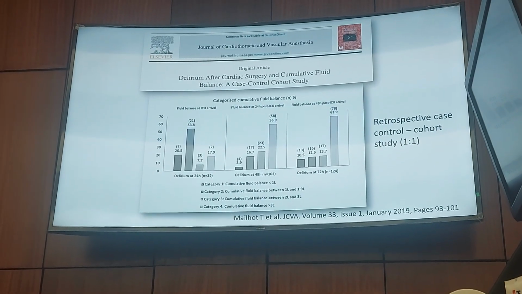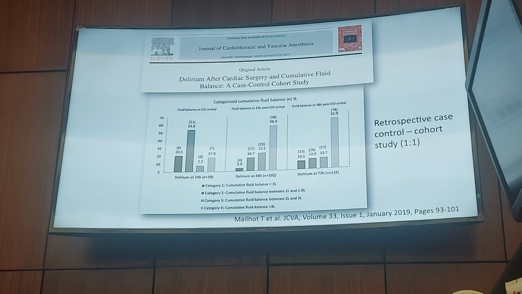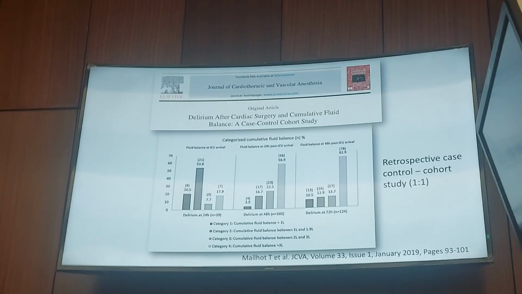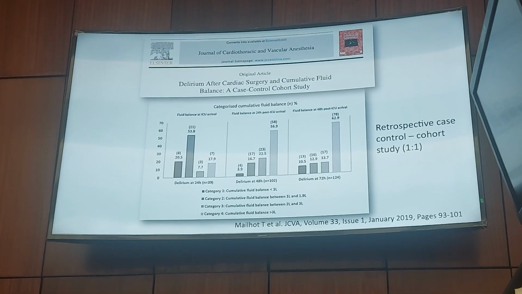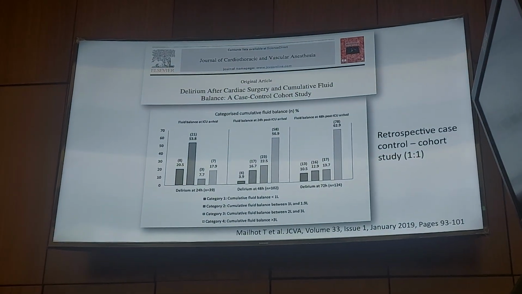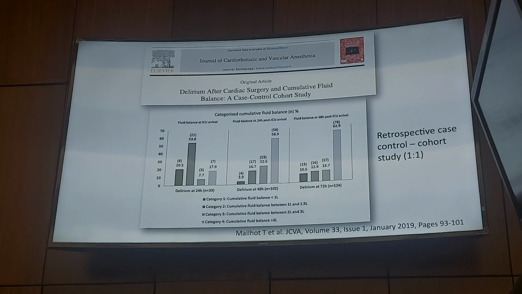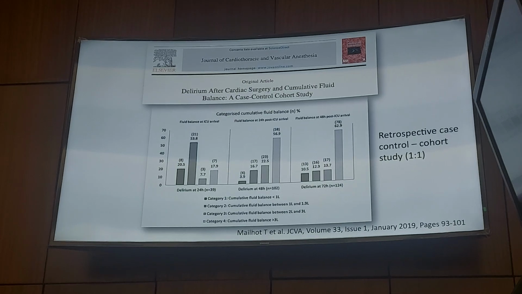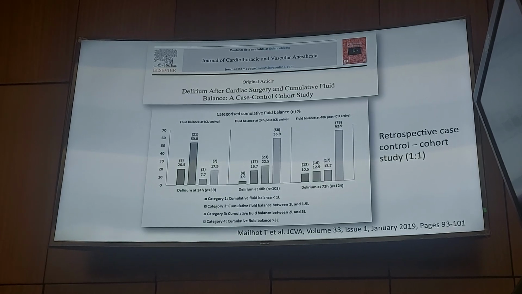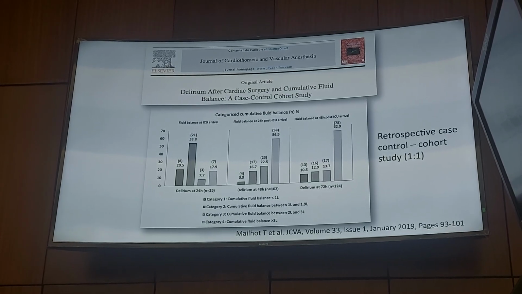And that's an interesting study which I found out a few years ago. It was recently published, a retrospective analysis of patients who developed hyperactive delirium after cardiac surgery. Those of you who treat patients after cardiac surgery know delirium is a big challenge. This study looked at the development of delirium after cardiac surgery and tried to look at correlation between delirium and fluid balance.